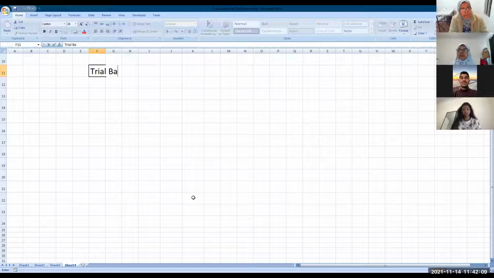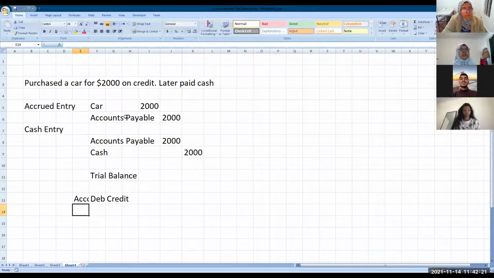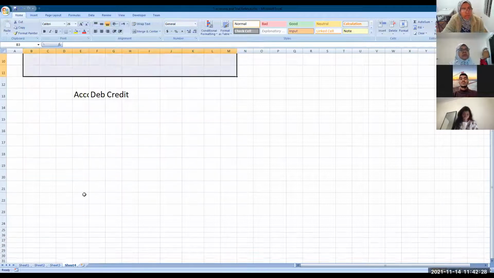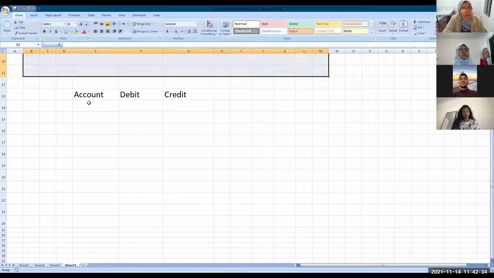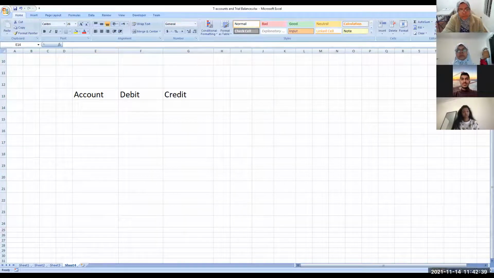Then we will do the debit, the credit, and the account. Sorry guys, sorry for the glitch. Now we will just transfer the balances and you will see how they will match.